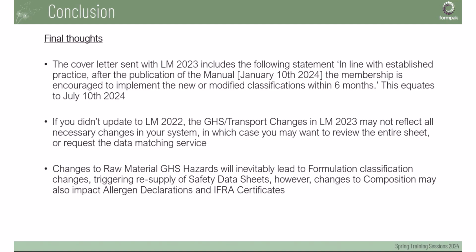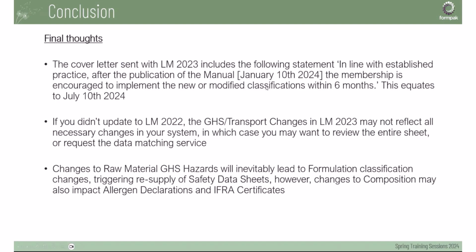If you didn't update your Formpak system with Labelling Manual 2022 data, then the GHS and transport changes in 2023 may not reflect all of the changes in your system, in which case you may want to review the entire sheet, not just the ones with the change indicators.